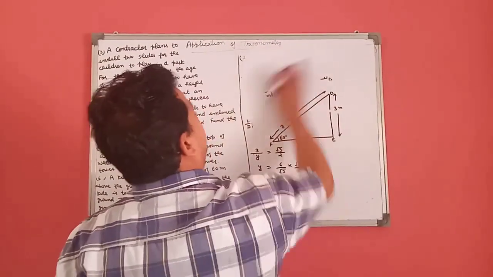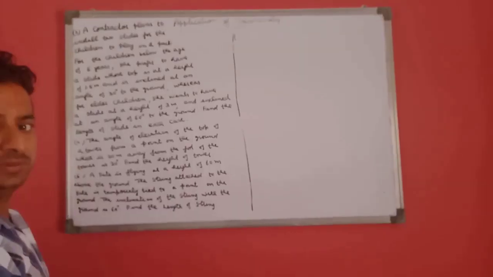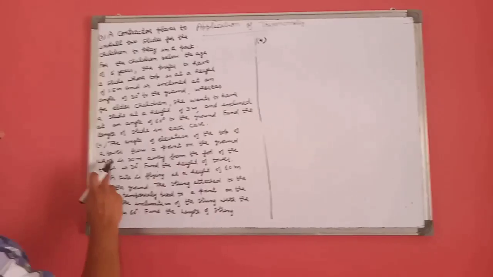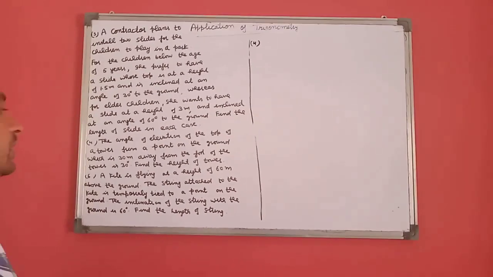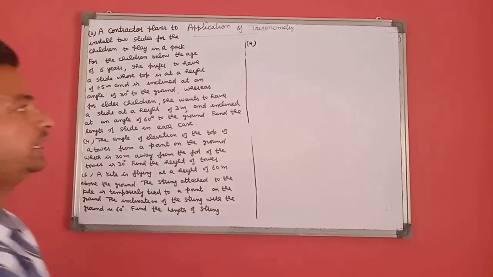In question number 4, the statement is: the angle of elevation of the top of a tower from a point on the ground, which is 30 meter away from the foot of the tower, is 30 degree. Find the height of the tower.